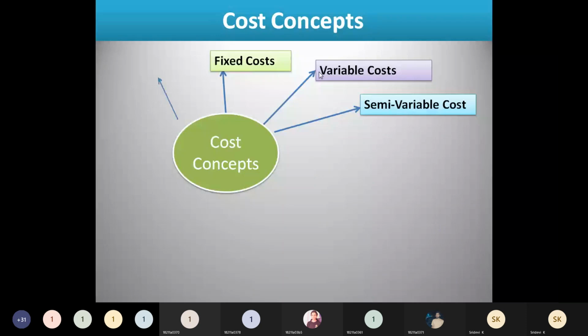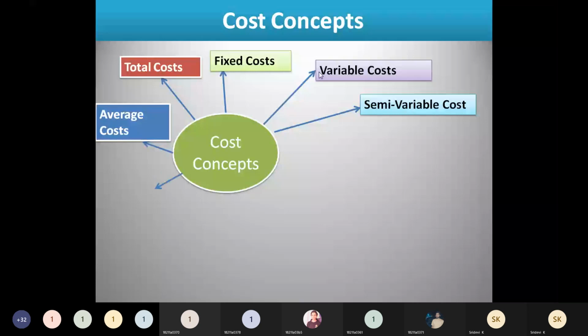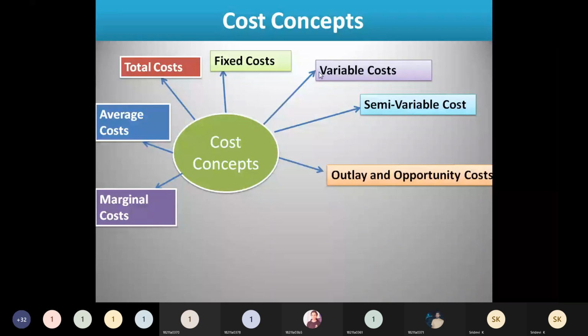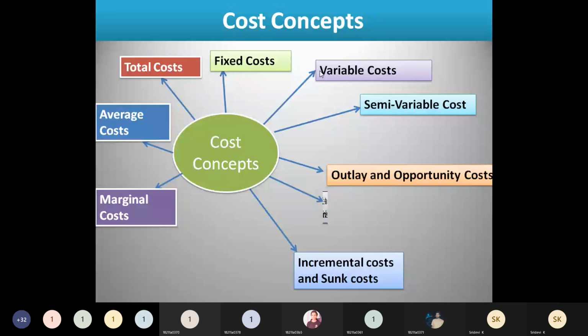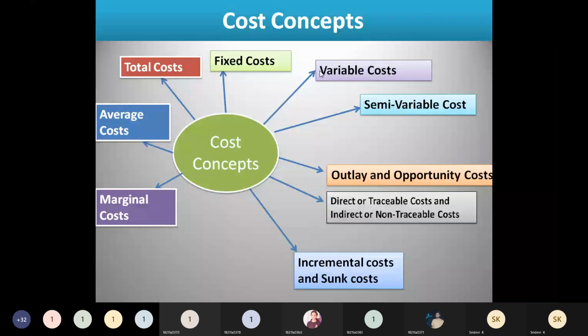Semi-variable costs, total costs, average costs, marginal costs, outlay and opportunity costs, incremental costs, direct or traceable costs, and non-traceable costs, direct costs or indirect costs, accounting and economic costs.